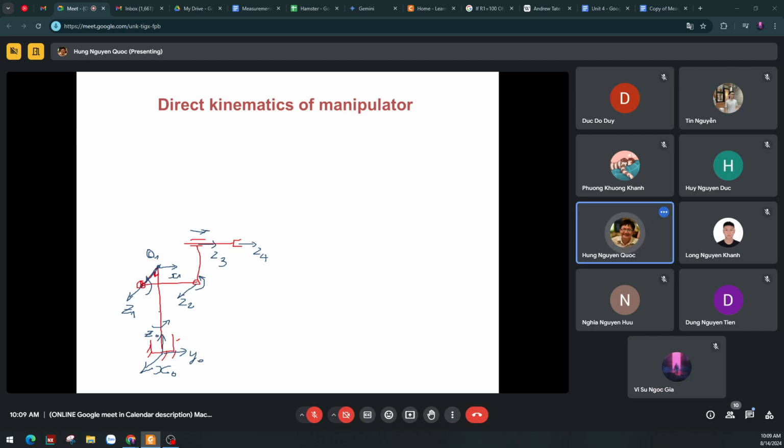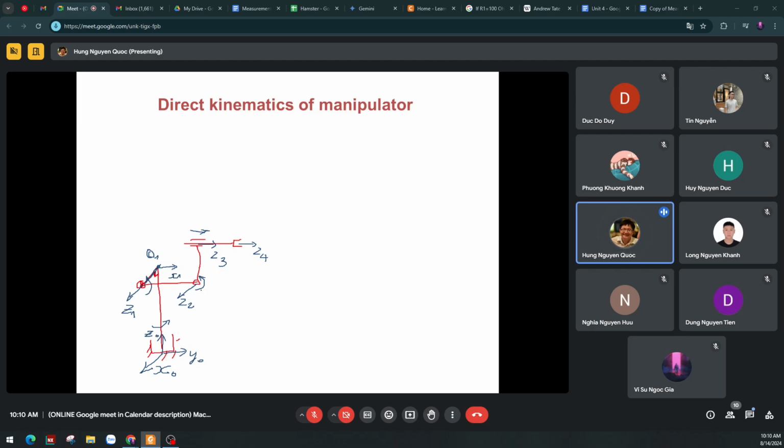So of course this is perpendicular to and intersects Z0, so it should be here. It cannot be here. Many of you may have made a mistake in defining the frame and chosen this one here. In that case, if you make the DH table, this length disappears from the DH table. So that is not correct.